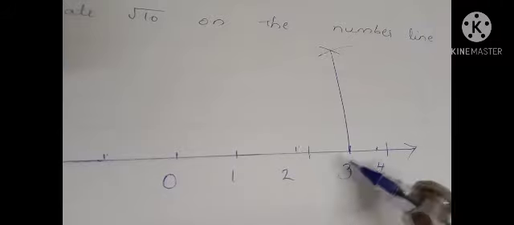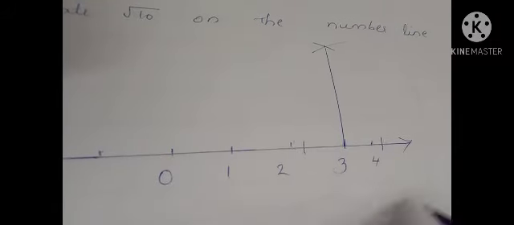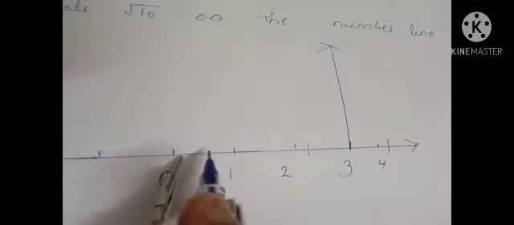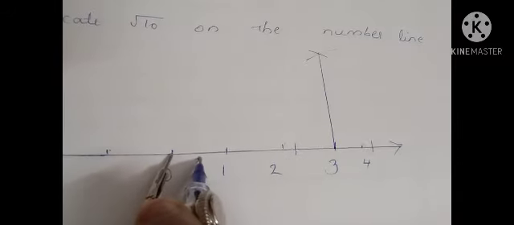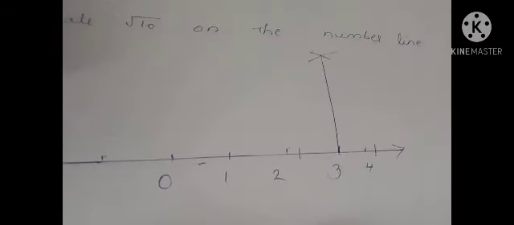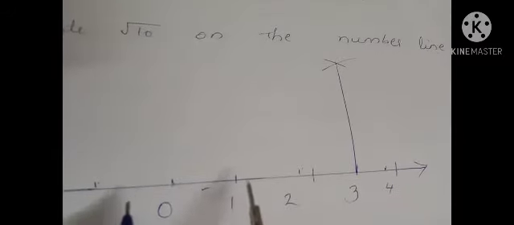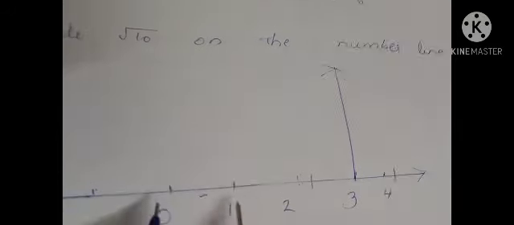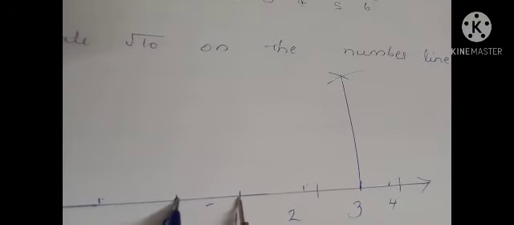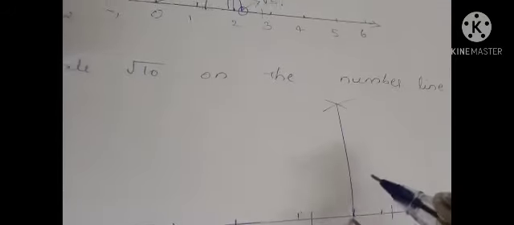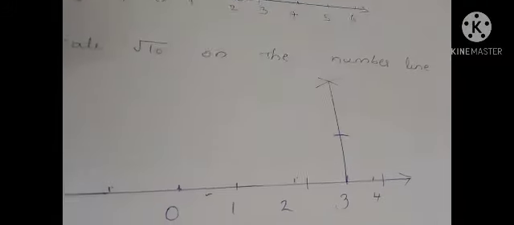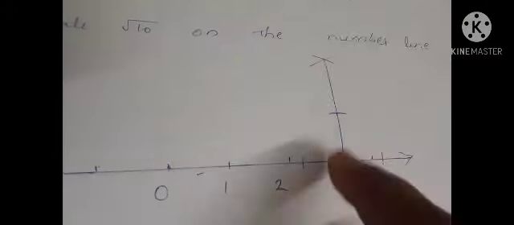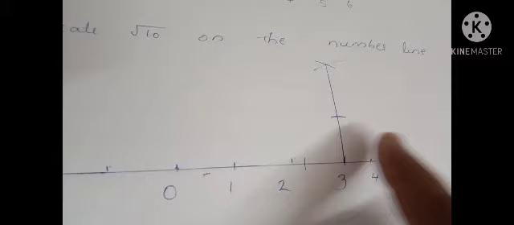Then join this intersecting point and 3. Now we have to take the distance between 0 and 1. Always we have to take the distance between 0 and 1. So here between 0 and 1, this is the distance. Then draw the arc from this 3 to this perpendicular line. The next step is we have to join this point to 0.